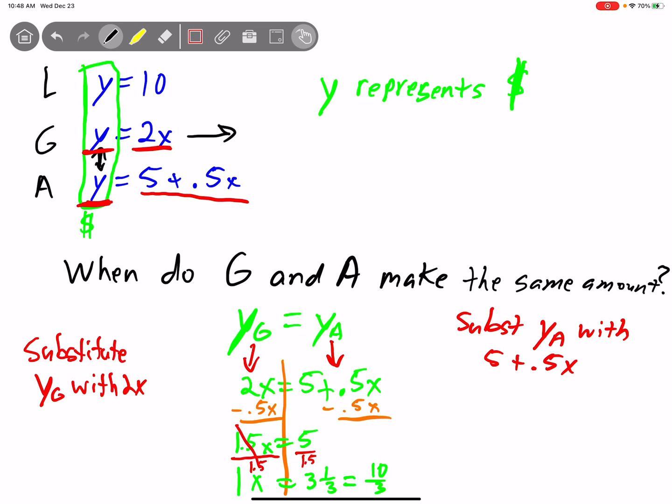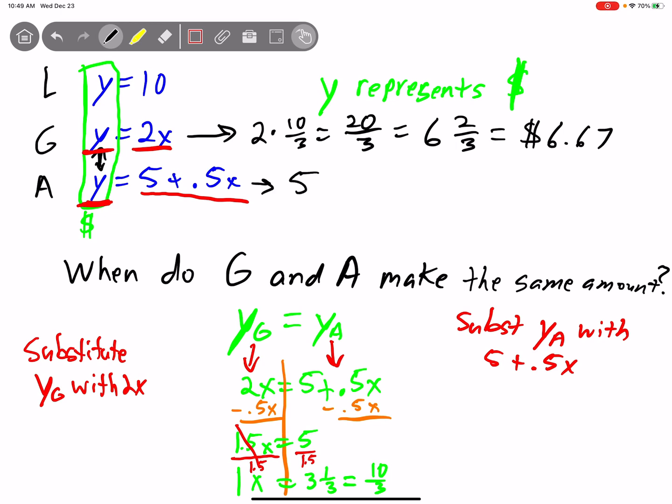If x equals 10 over 3, then we've got 2 times 10 over 3, which gives me 20 over 3, which is actually equal to 6 2/3, which is about, since we're talking about money, $6.67.